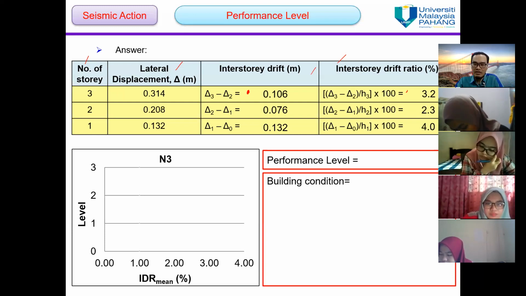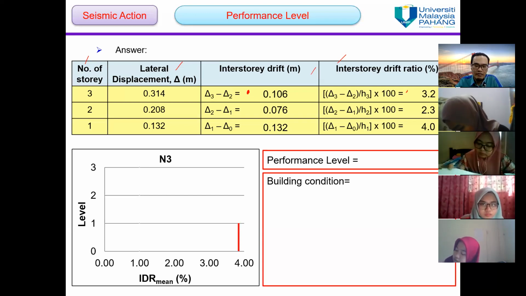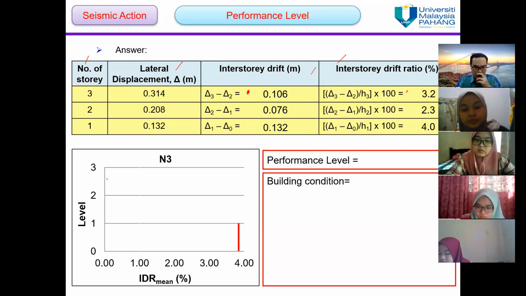So how about the distribution along the height? You can see here. This is how you draw. First of all you draw the scale, and then you draw the level. 0 to 1 is 4%, so you draw it vertically along the 4% axis.